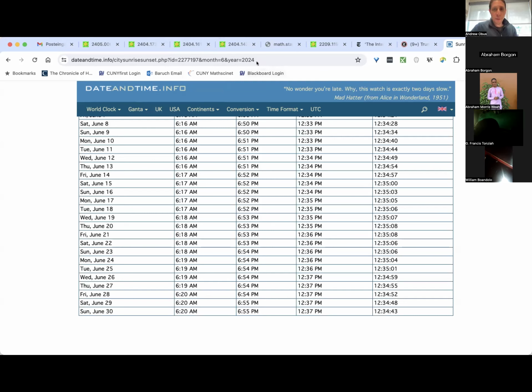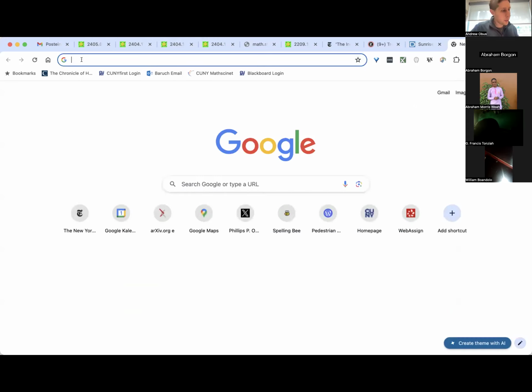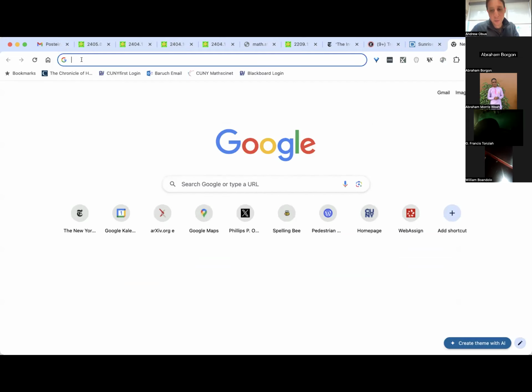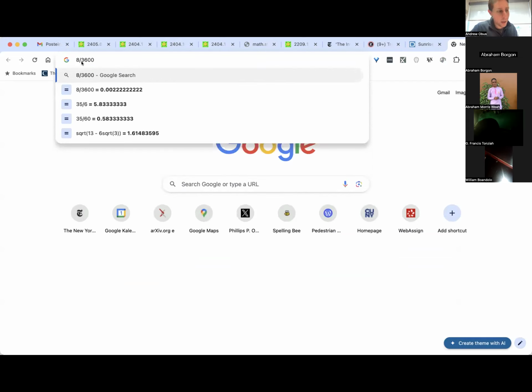And we need to convert that into a decimal, right? So 35 minutes equals how much of an hour? 35 divided by 60 is going to be 0.583 hours. And then 8 seconds is how many hours? We'd have to do 8 divided by 3,600. So that's going to be 0.002 hours.